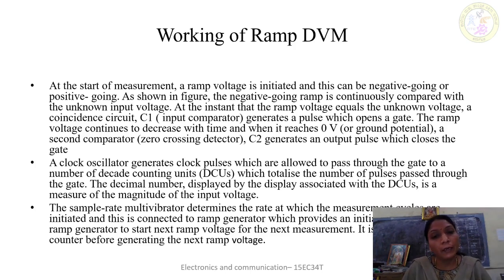The sample rate multivibrator determines the rate at which the measurement cycles are initiated, and this is connected to the ramp generator, which provides an initiating pulse for the ramp generator to start the next ramp voltage for the next measurement. It is also used to reset the counter before generating the next ramp voltage.